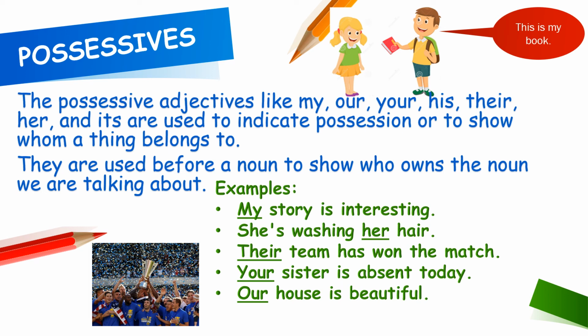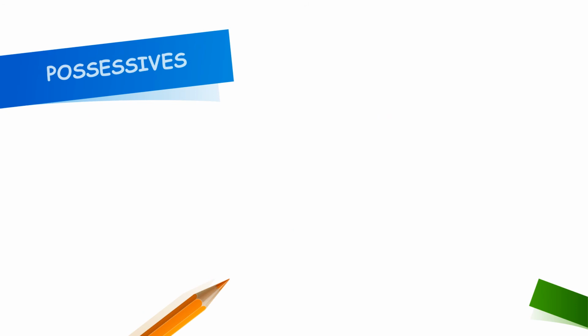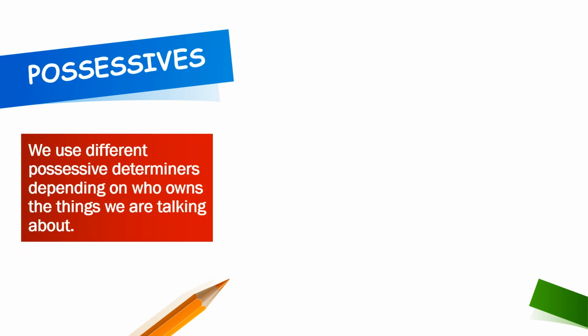They all are possessive adjectives and they come before a noun and show who owns the noun we are talking about. We use different possessive determiners depending on who owns the things we are talking about.